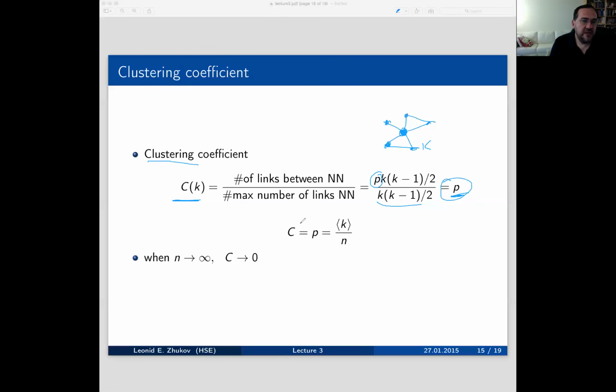It's bad because, if, for example, we have a fixed average node degree in the graph, when n goes to infinity, when the graph becomes larger, the clustering coefficient goes to 0. Why is it bad? Because in real networks, it's not so.